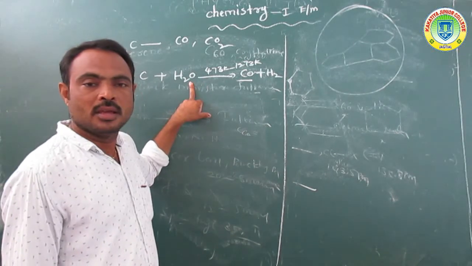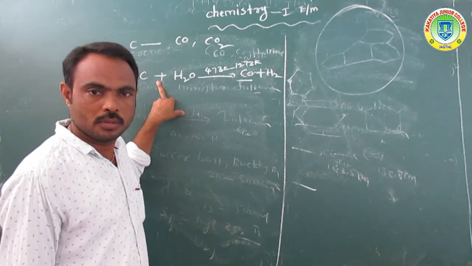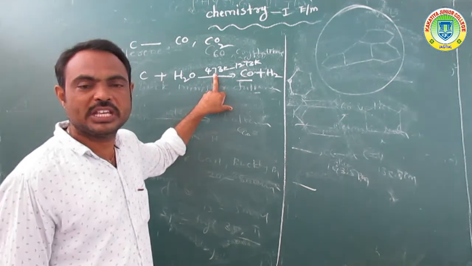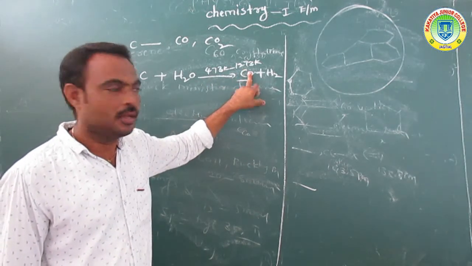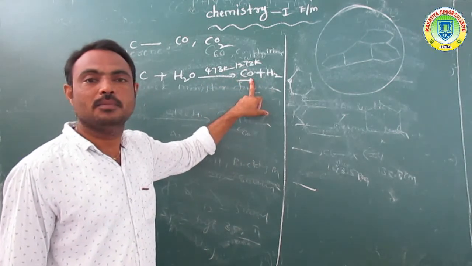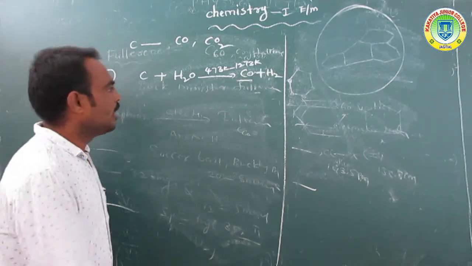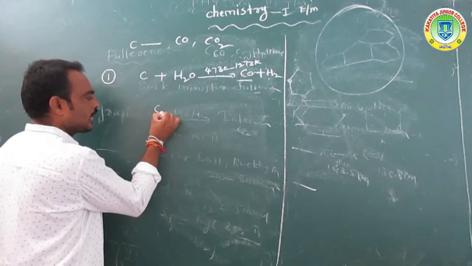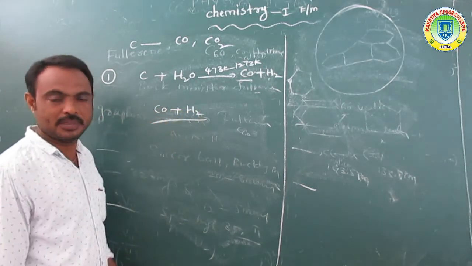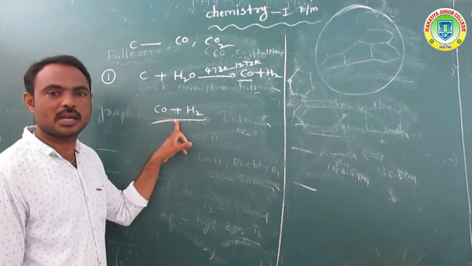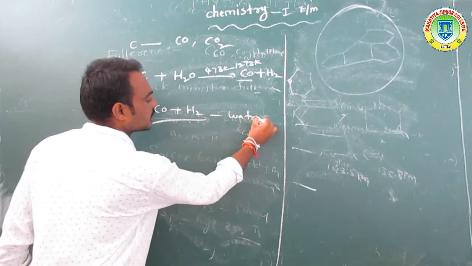When steam is passed through the hot coke at 473 Kelvin to 1273 Kelvin temperature, it forms carbon monoxide and hydrogen gas. Overall, the combination of carbon monoxide and hydrogen gas is called water gas.